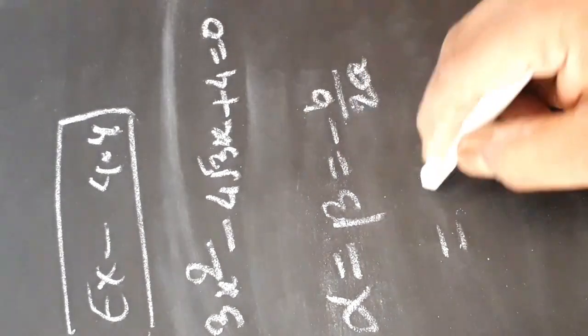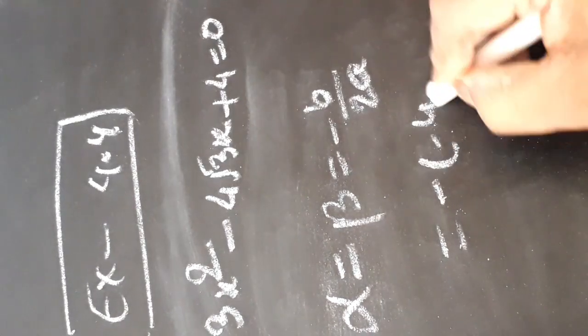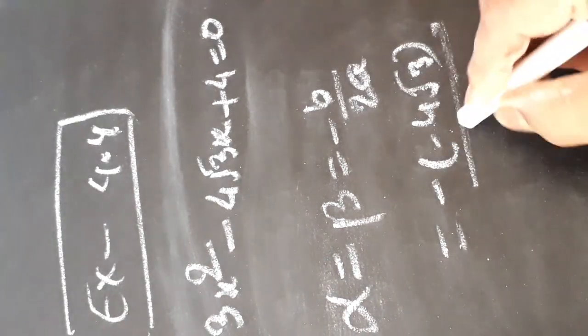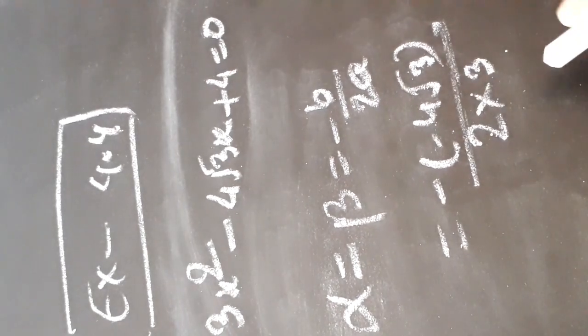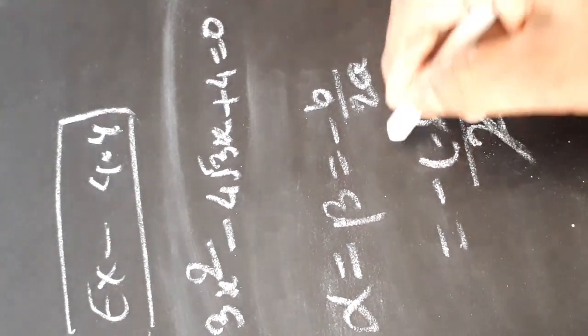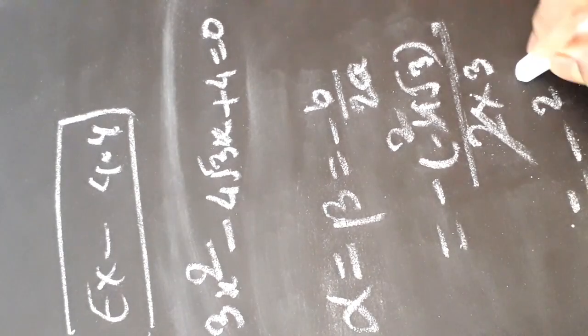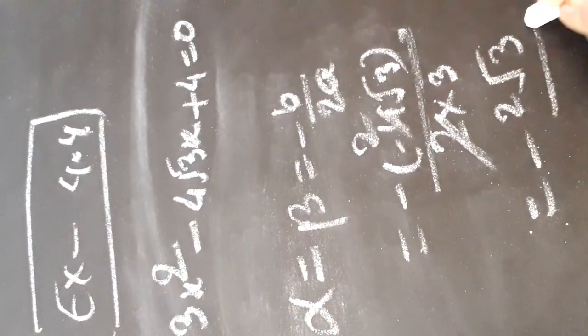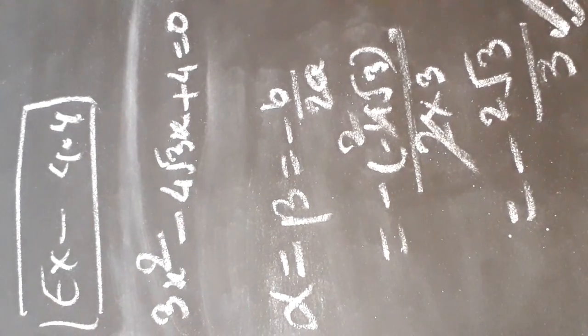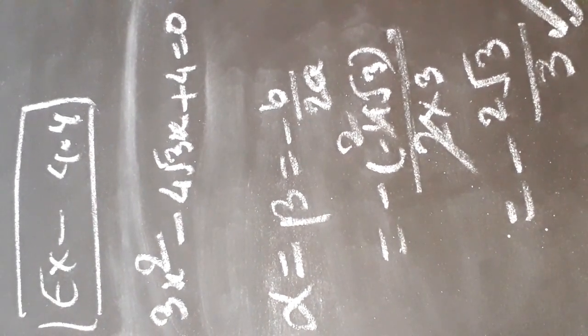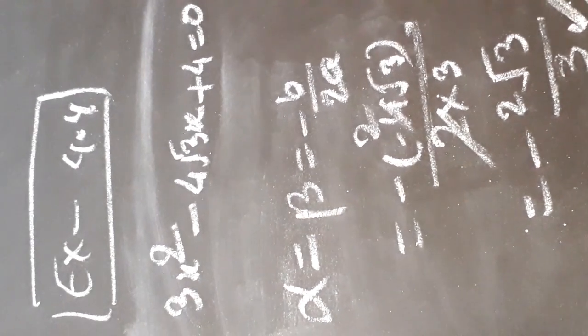Here b is −4√3, so minus of −4√3 upon 2a, 2 into 3. These cancel, and it will become 2√3 upon 3. This is the value of alpha and beta both, if D is 0. Now we will see the third equation.